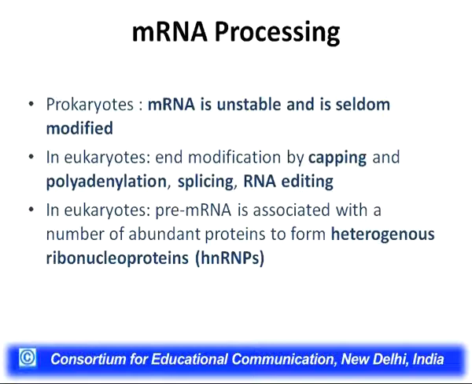So, in that particular case, there is no processing of mRNA, whereas in eukaryotes there is primarily modification of the ends of the mRNA, first by addition of a cap at the 5' end, and after that addition of multiple A residues at the 3' end.